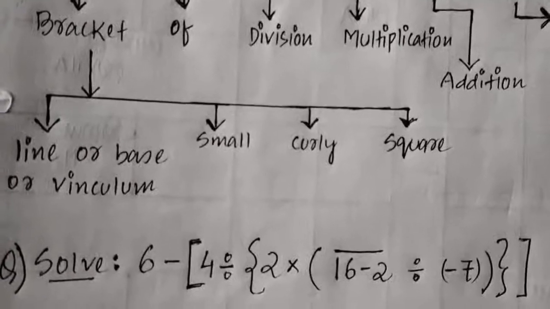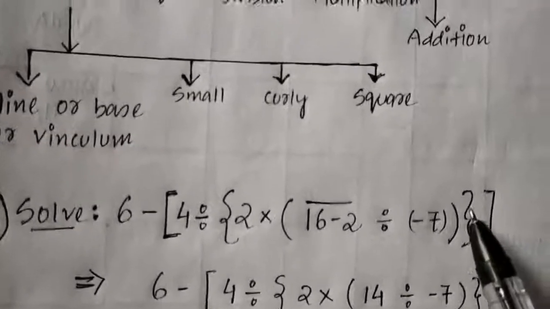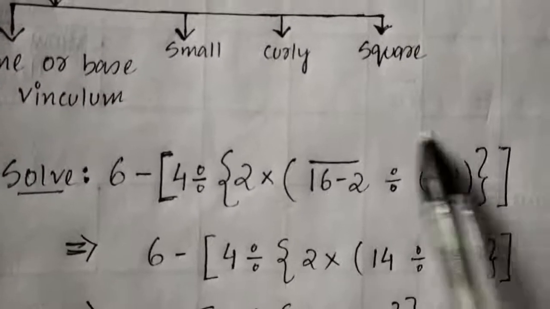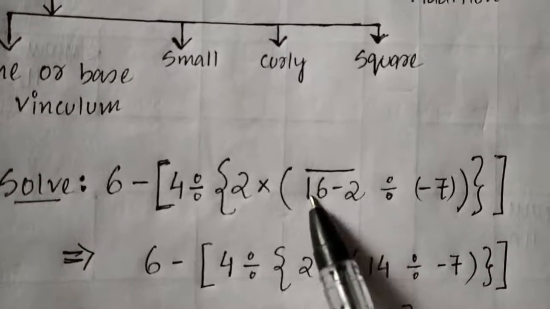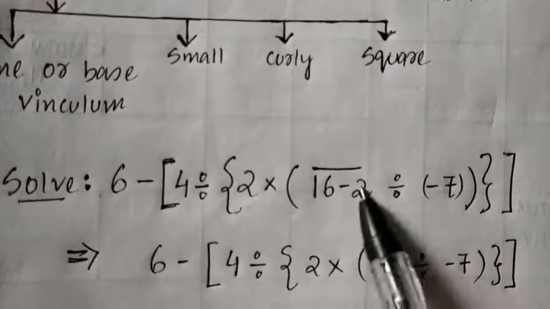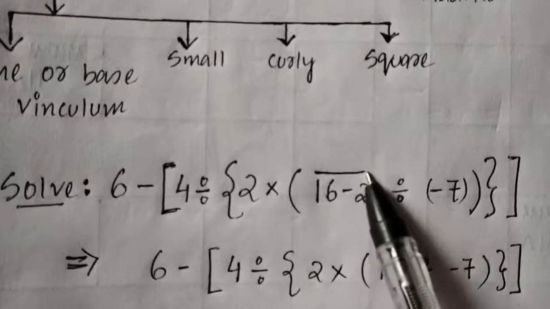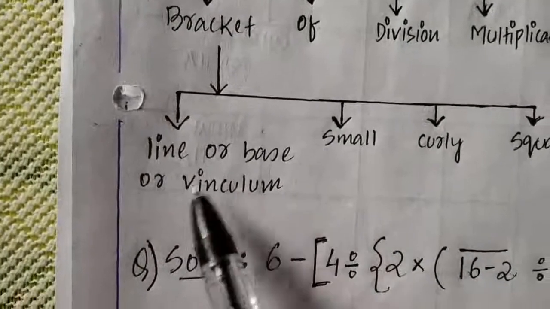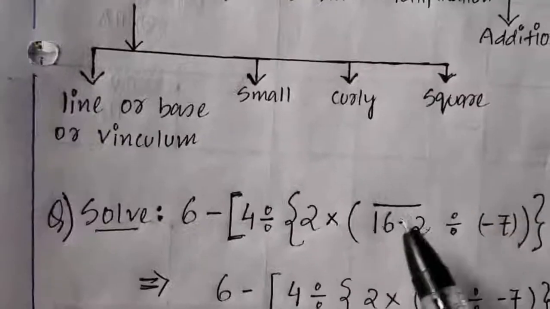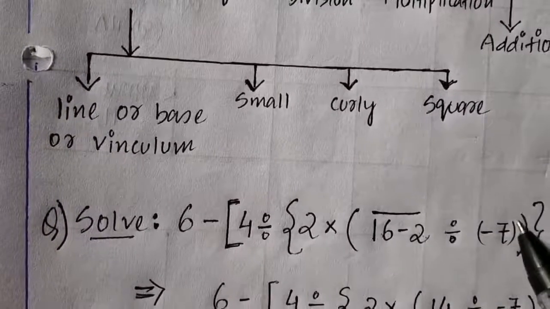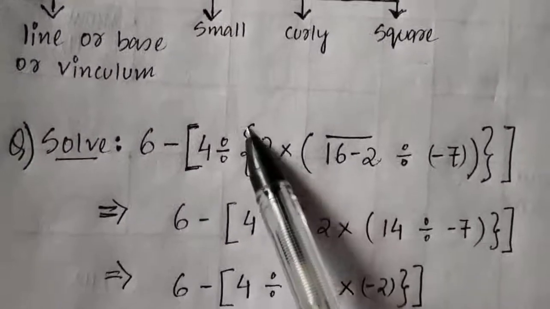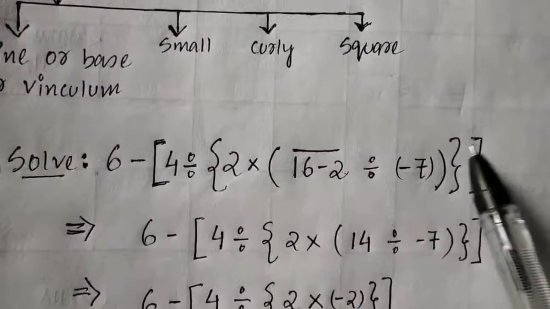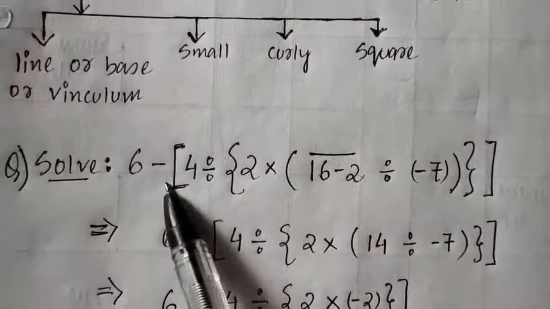If you see this expression over here, over 16 minus 2, one line is given. This line is known as your line bracket or bar or vinculum bracket. After this you can see a small bracket like this, then a curly bracket in this way, and then a square bracket at the last.